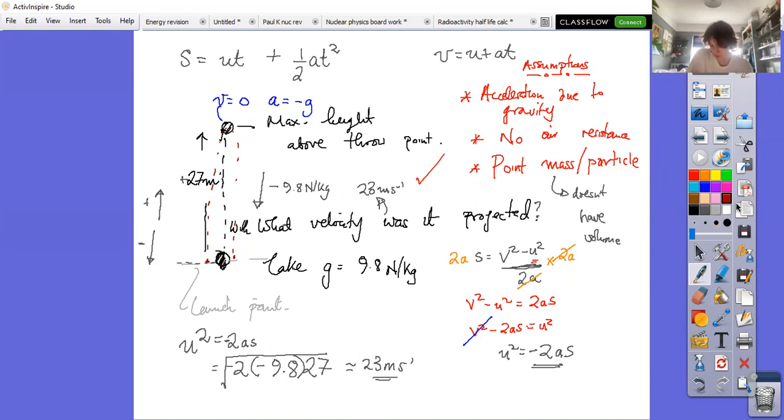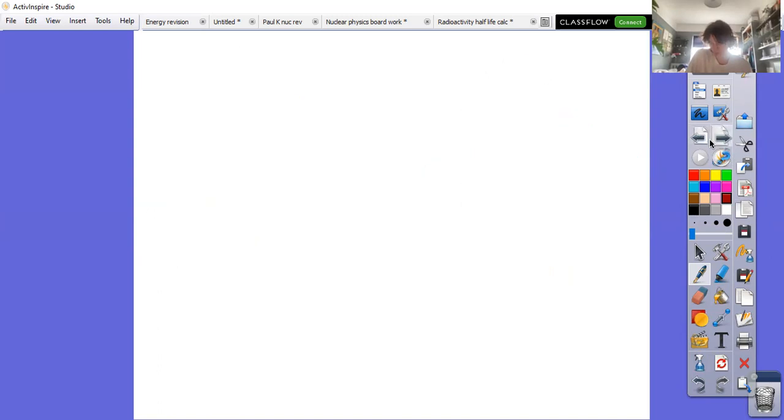Okay, here's another one. Similar-ish, but testing a slightly different skill this time. So we have here an object with an initial launch speed. U is given as 45 kilometers per hour.